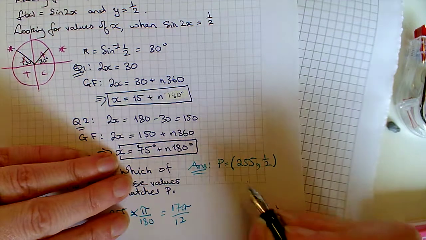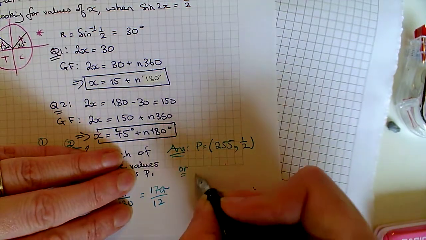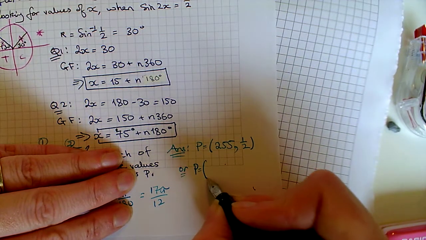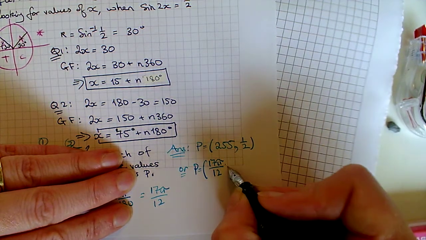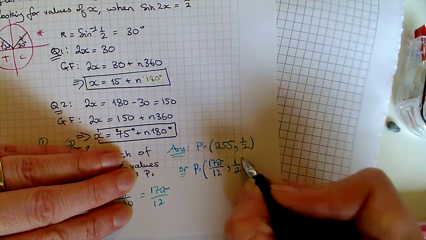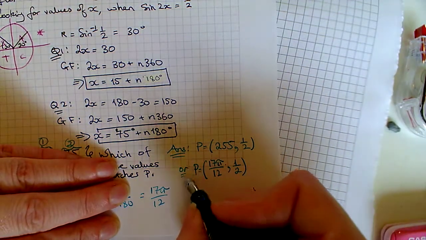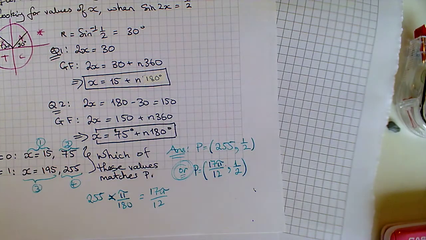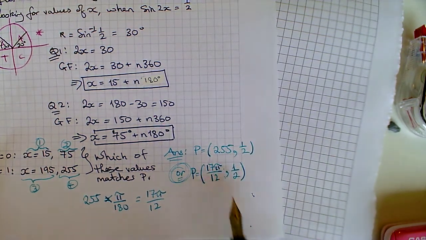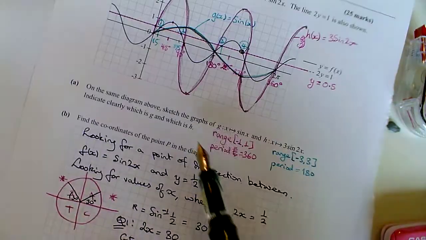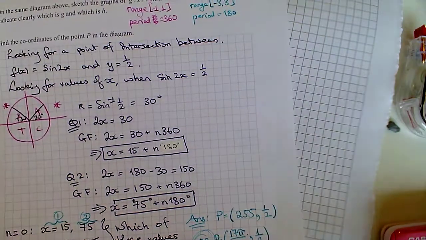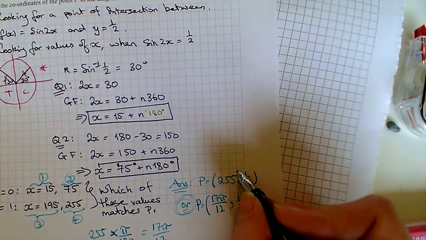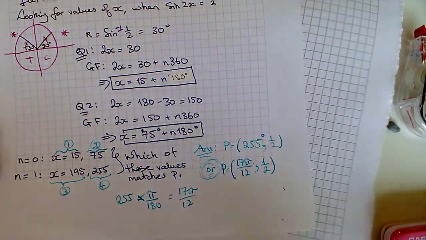So another way of writing exactly the same answer would be that P is 17 pi over 12, that's the x value, comma, a half. So either answer there should give you full marks. The marking scheme writes it in radians because it's matching this, but because the question didn't specify that you needed to give your answer in radians, you can give it in degrees, just clearly indicate that it's in degrees.